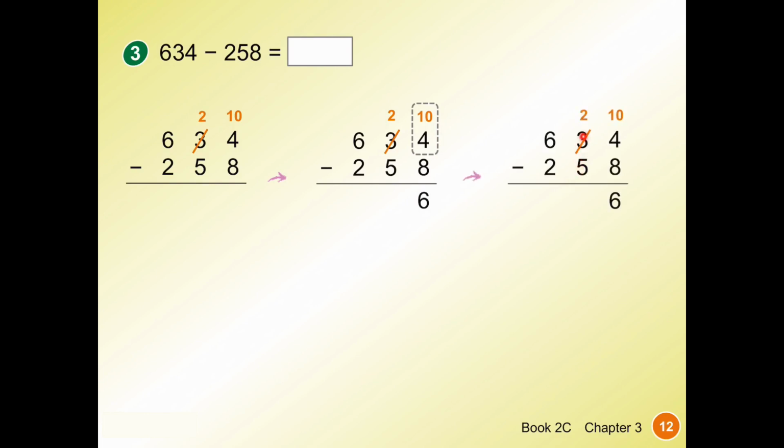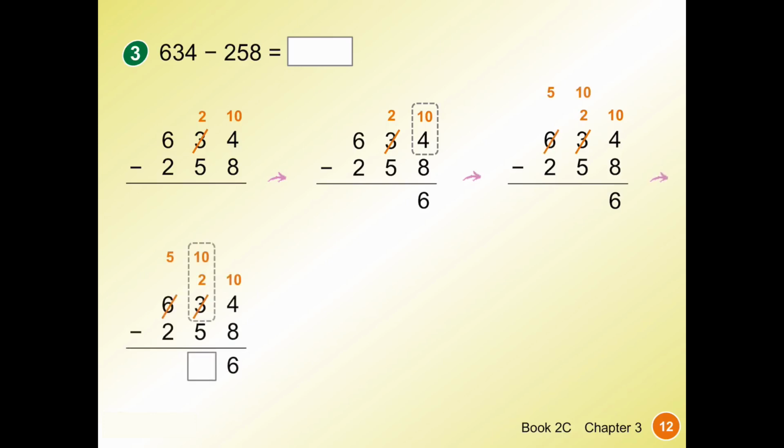And for the tens place, 2 is smaller than 5. So we need to borrow 1 from the hundreds place. And for the tens column, we have the 10 up here, we have the 2.